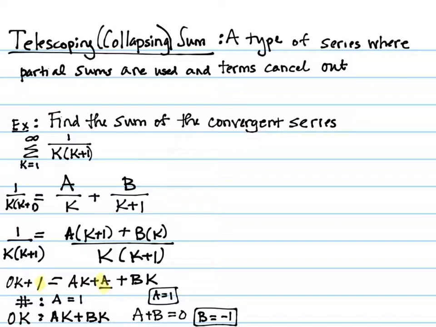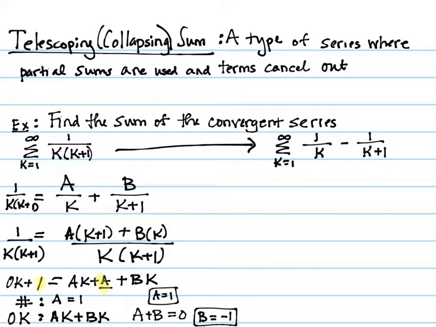So I reasoned through this by comparing it to the values that I have in the original starting, composed together rational fraction. So what I can do then is I can take this piece up here and I can rewrite it. The sum from k equals 1 to infinity of 1 over k minus 1 over k plus 1. Or you could say plus a negative 1 over k plus 1.